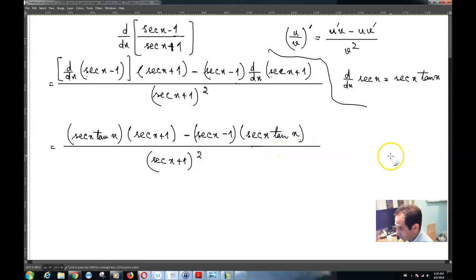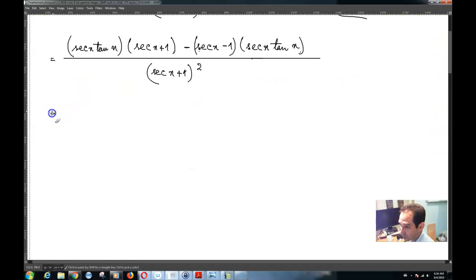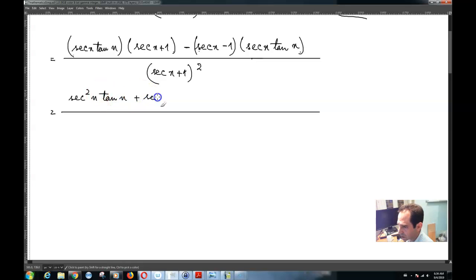Now here what you can do is that you can write this as basically secant squared x tan x plus secant x tan x minus secant squared x tan x, and this is negative secant x tan x times negative is plus secant x tan x, and then, well, secant squared x tan x and secant squared x tan x, these two you can cancel out.